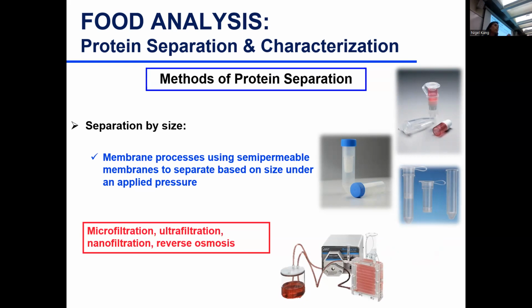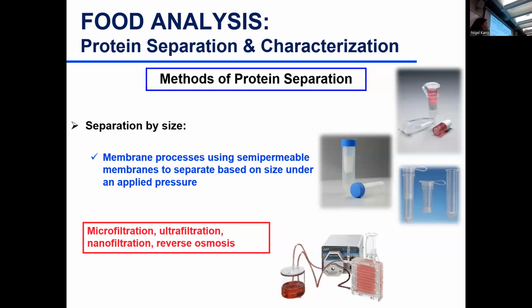So based on the force that we can apply using centrifuge, ions, small molecules, sugars can pass through the membrane, and then protein can stay. So what can pass through the membrane is called permeate, and what is remained is called retentate. So protein is our retentate.